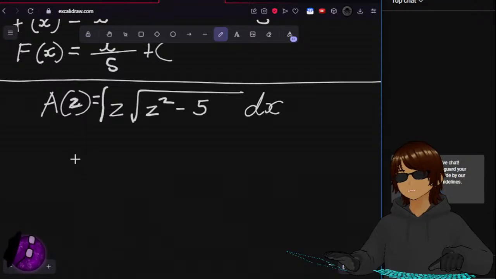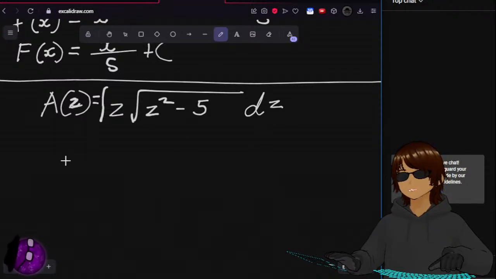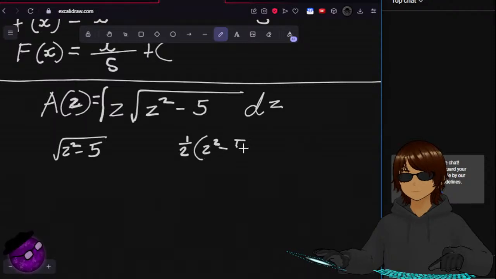Hmm. The derivative of z is just 1 also. This is with respect to z. The problem is finding the right u. Okay, let's try the derivative of z squared minus 5. The derivative of this is the derivative of the outside times the derivative of the inside, which is 2z.